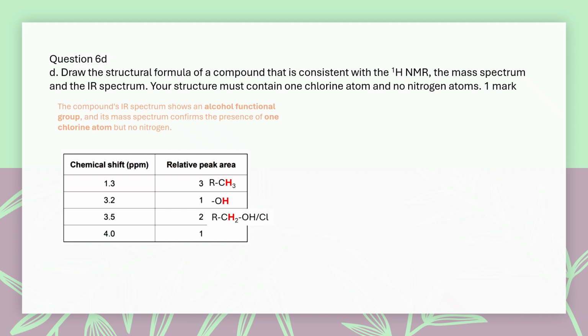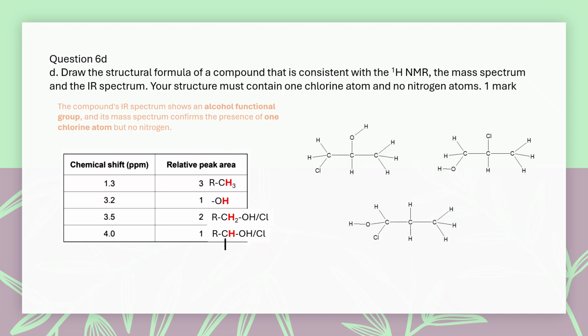Furthermore, the 2 hydrogens at 3.5 ppm and the 1 hydrogen at 4.0 ppm are significantly deshielded, implying their carbons are bonded to either the chlorine or the hydroxyl group. Collectively, these spectral characteristics allow us to deduce 3 different plausible structures for the compound.